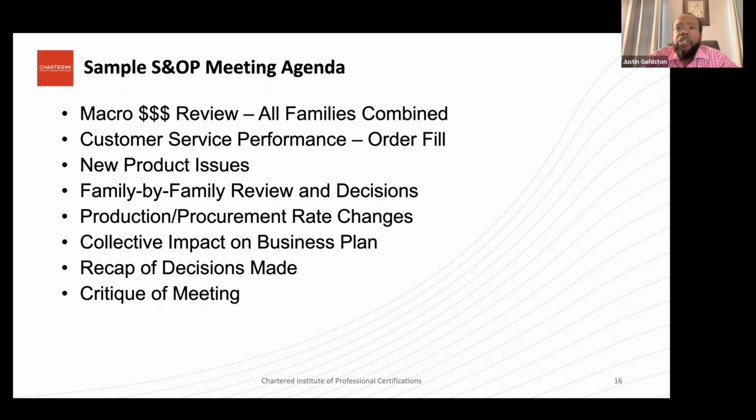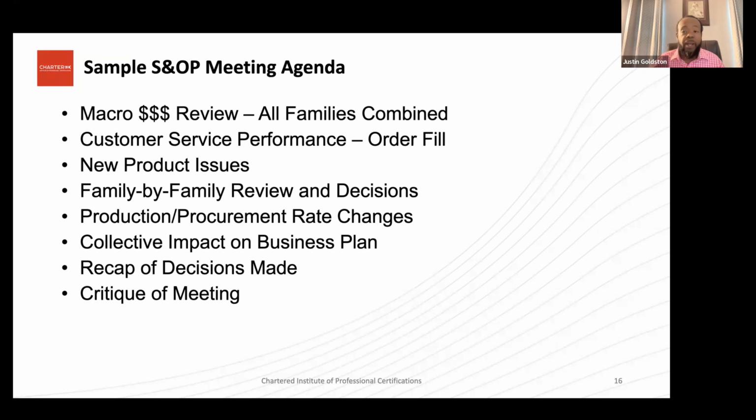And then we're going to provide a recap of all of the decisions that are made and ensure that all decision makers have reached a consensus in terms of the new plan. And then, when we say critique of the meeting, we want to do a lessons learned of the outcomes of this meeting so we can strive for continuous improvement, right?